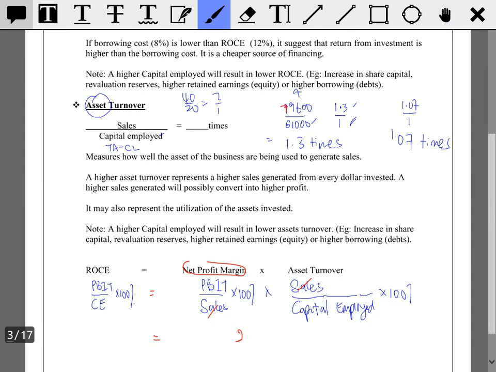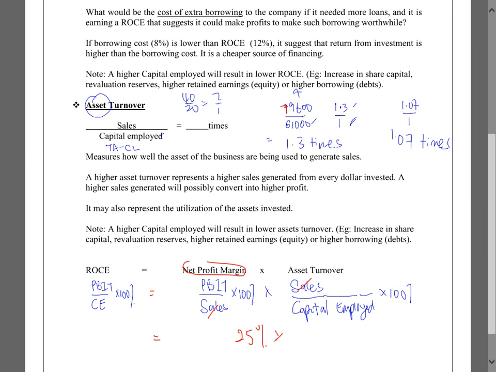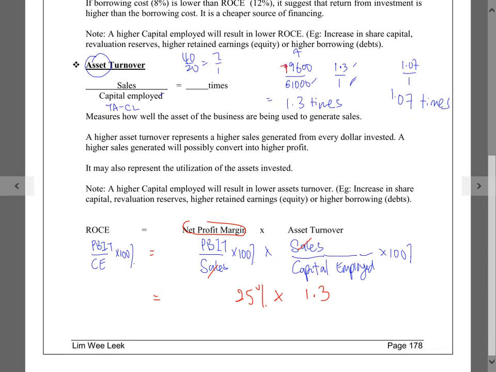Net profit margin is 25. What is the asset turnover? 1.3. So 25% is 0.25 times 1.3. What do I get? 32.5, right?